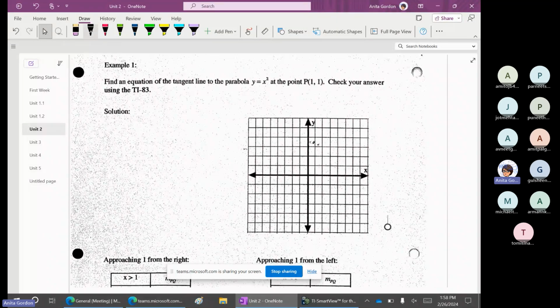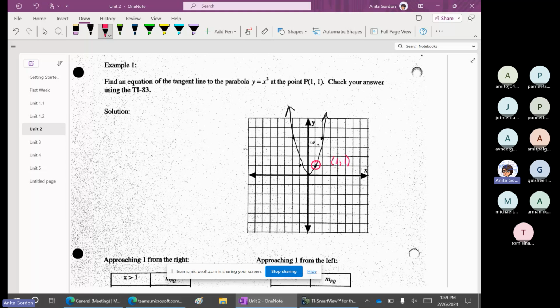We know the function will look like this. 0, 0, 1, 1, 2, 4, and so on. So this is what my function looks like. And I'm interested in this point here, 1, 1. In order to take an accurate limit, we need to take a look at what is it going to look like from both sides. So let's do some math here.